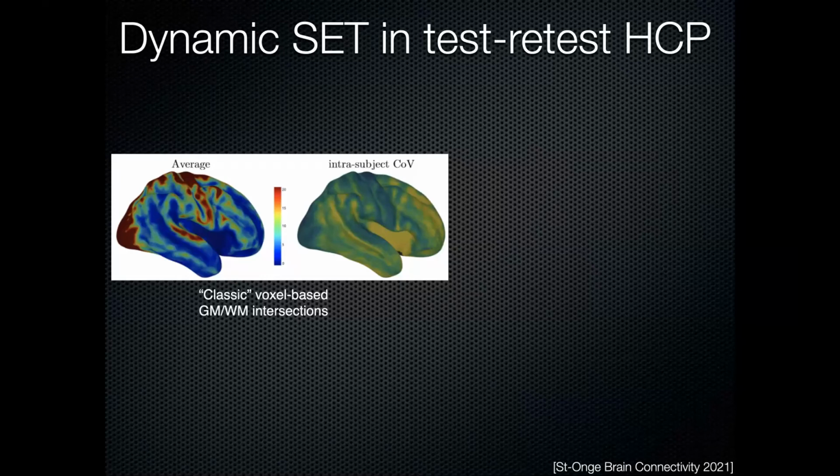Here we have 45 test-retest subjects. So we can really do robust statistics here. And so you can see that all the yellow spots on the cortex are very variable. So some regions of the cortex are well tracked and have little variability, and other regions of the cortex have very high variability and are very poorly represented by tracks.